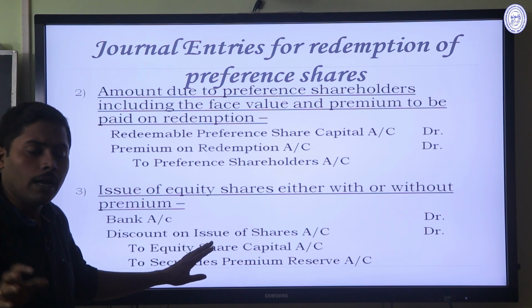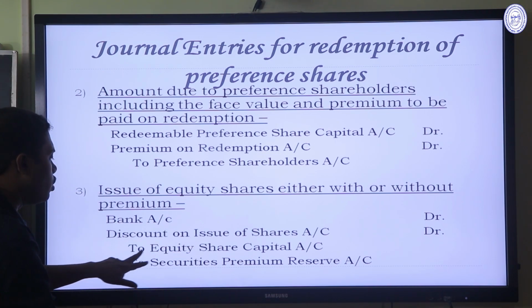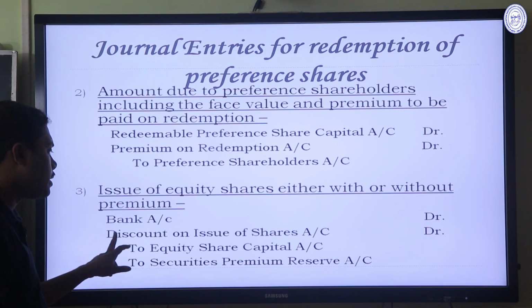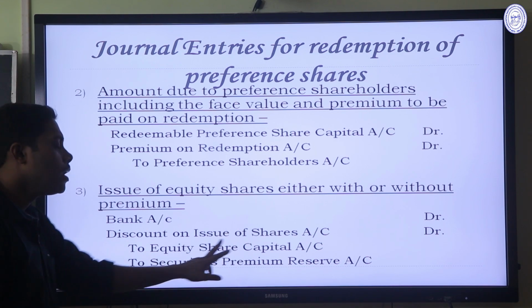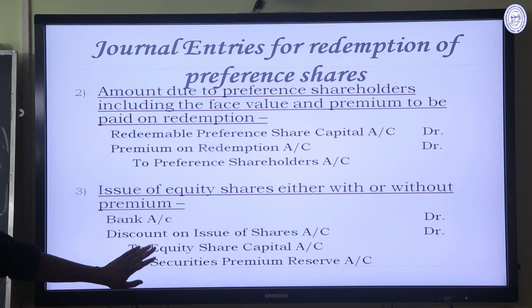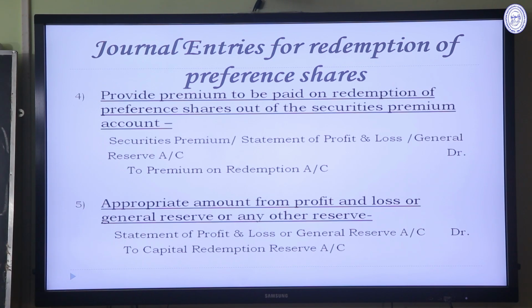If it is at premium, then bank account debit to equity share capital and securities premium. If it is at discount, bank account debit, discount on issue of shares account debit to equity share capital or preference share capital. Now, this is the second journal after due to the preference shareholder.